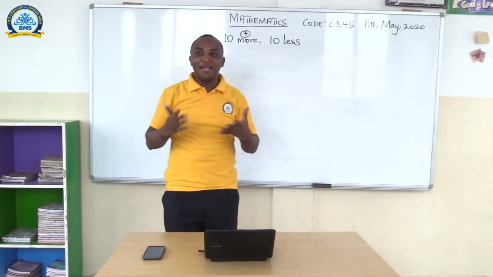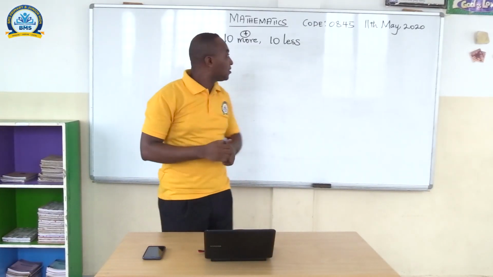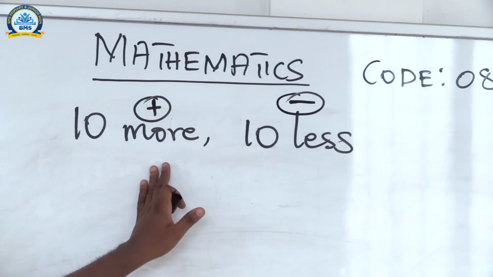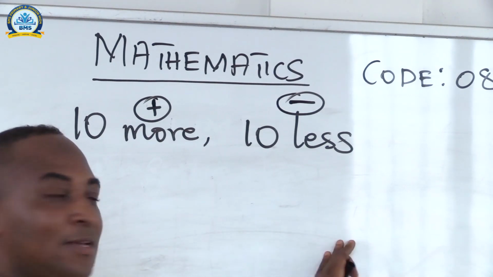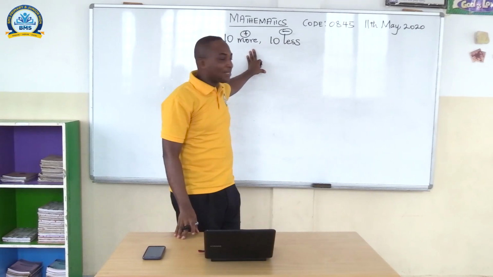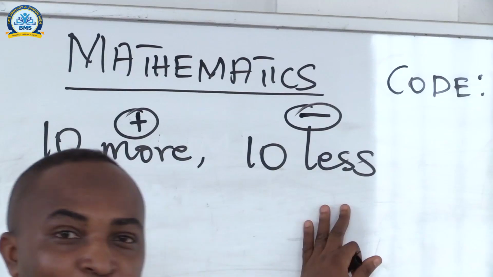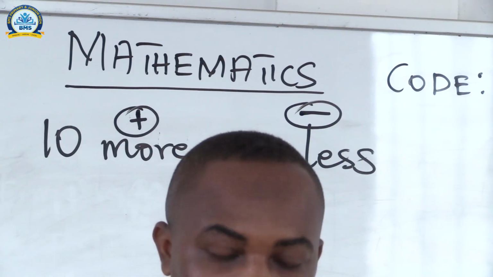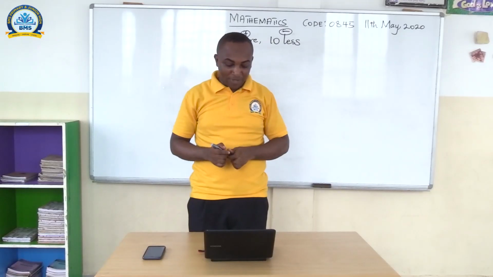And when you hear 10 less, it means you are going to subtract. So we have addition and subtraction. As soon as you hear 10 more, it means you are adding 10 to the number that I'm going to give to you. But when you hear 10 less, it means you are going to deduct or you are going to subtract 10 from the given number.